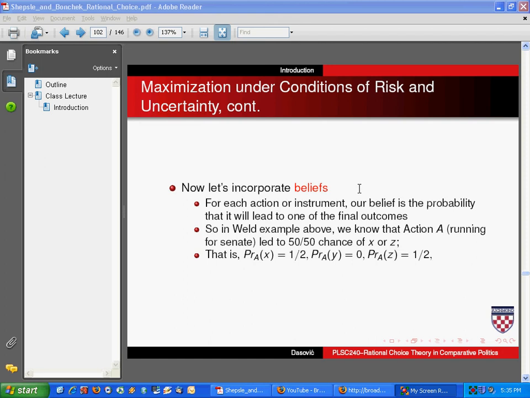Alright, so welcome back. This is part 3 of the Shepsle and Bonchek lecture on rational choice. Just to reiterate and refresh you, a rational choice approach to the analysis of social scientific phenomena is a way of analyzing political outcomes based on individual decision making.